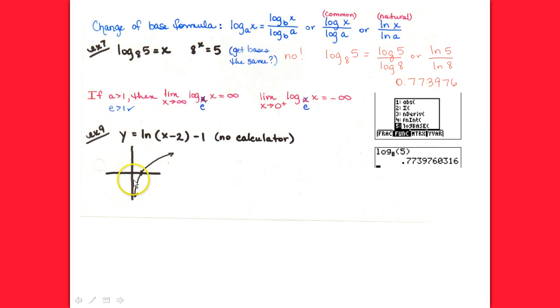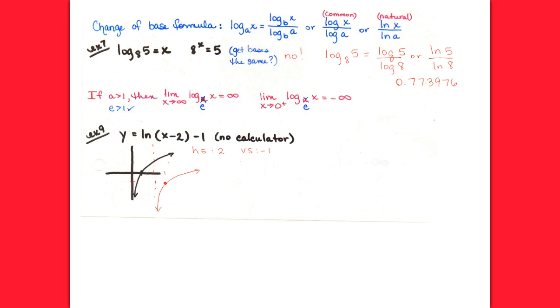Those 2 landmarks again, the asymptote and the intercept that we've been utilizing. So what is that minus 2 going to cause? Horizontal shift, right. So horizontal shift of what? 2. Positive 2. What's the negative 1 going to cause? Downward. Vertical shift of negative 1, right. So horizontal shift positive 2, vertical shift negative 1.